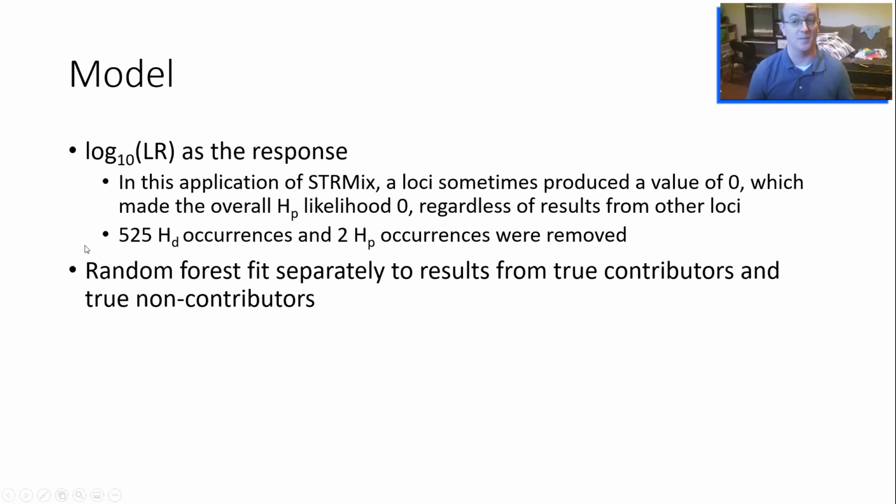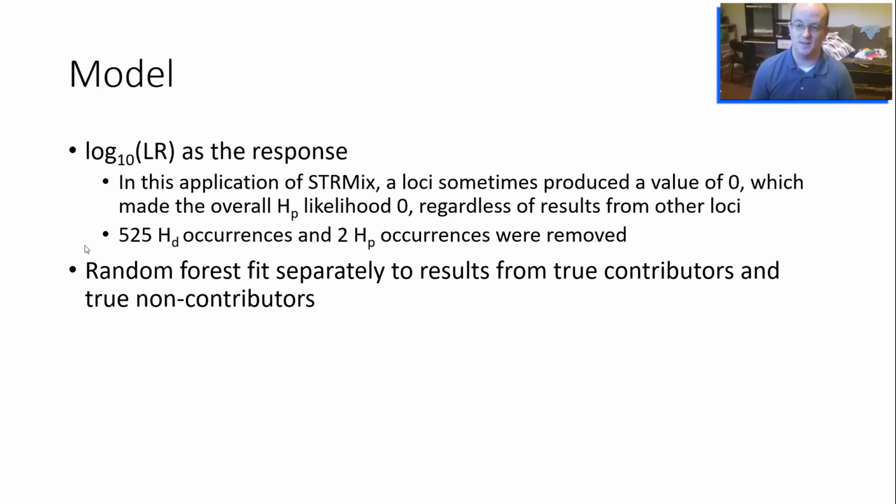So for the modeling approach, we are taking the log 10 value of the likelihood ratio returned by StarMix as our response. In the implementation that was used for StarMix, some of the loci occasionally produced a value of 0 in likelihoods for a reference profile, which when you take the product makes the overall likelihood 0, regardless of what happens at other loci.